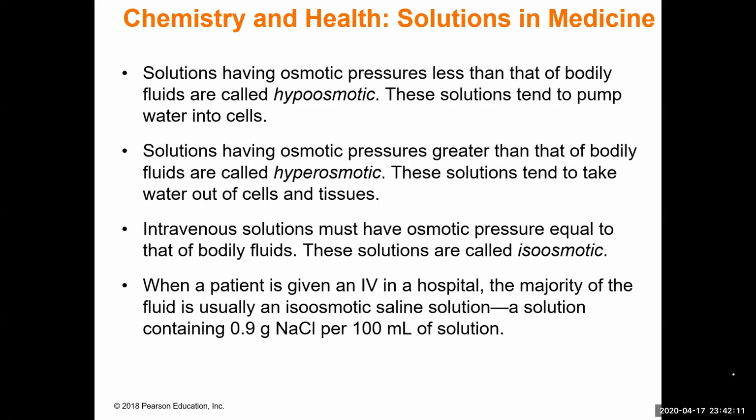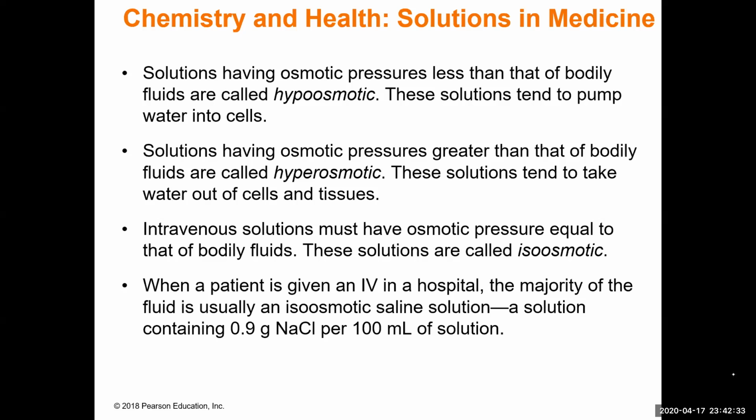We can have intravenous solutions that must have osmotic pressure equal to that of the body fluids, and those are called isoosmotic. So when a patient is given an IV in a hospital, the majority of the fluid is usually an isoosmotic saline solution.